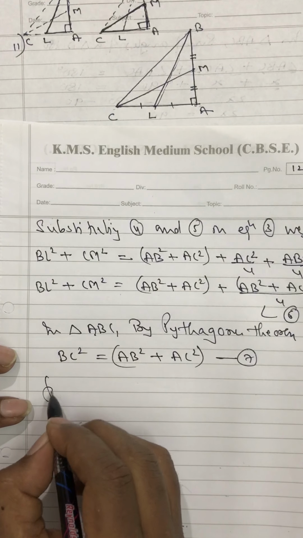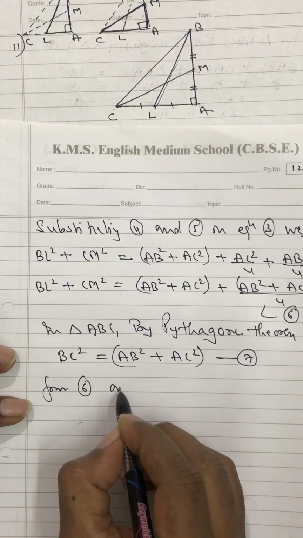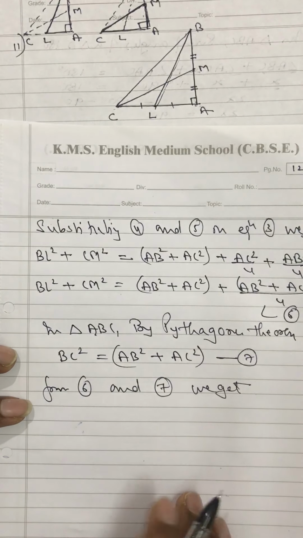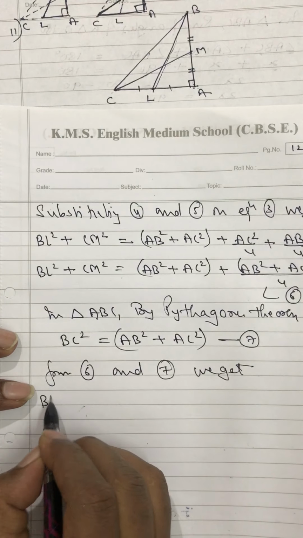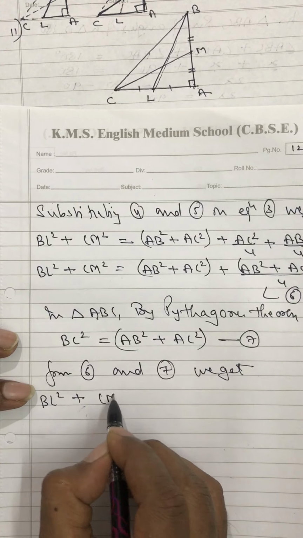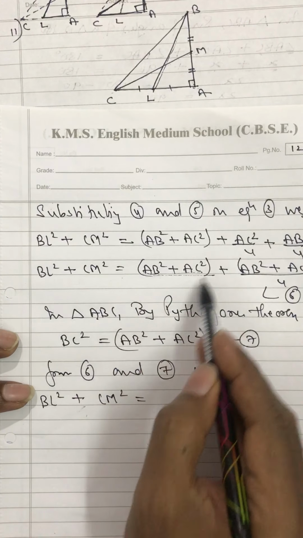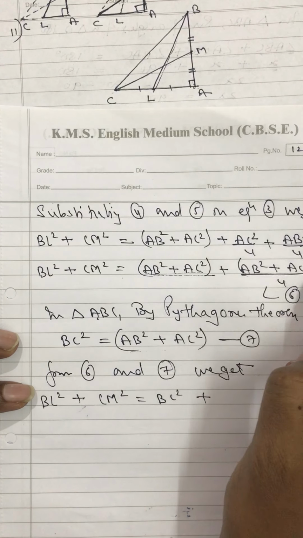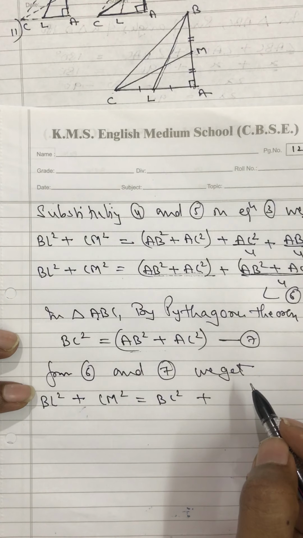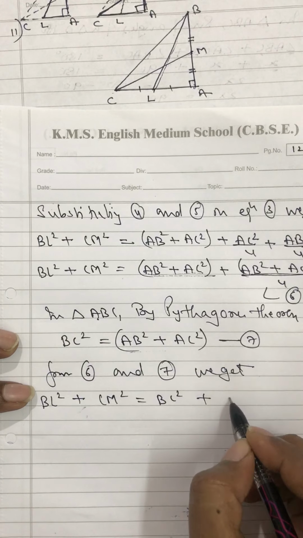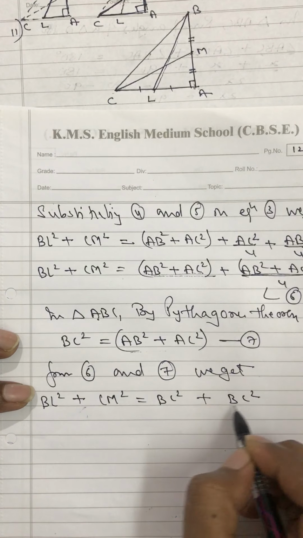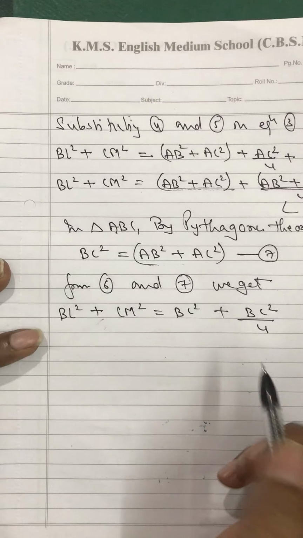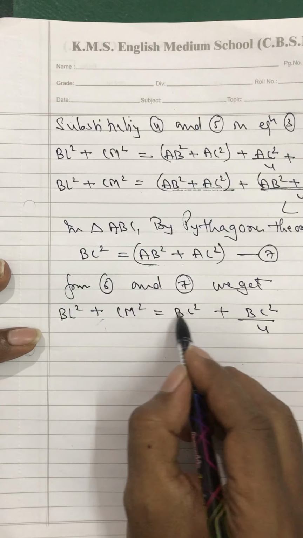So from 6 and 7 we get BL square plus CM square. In place of AB square plus AC square I will write BC square plus, again here AB square plus AC square I will write BC square upon 4. So now if I solve this, I can substitute this and solve.